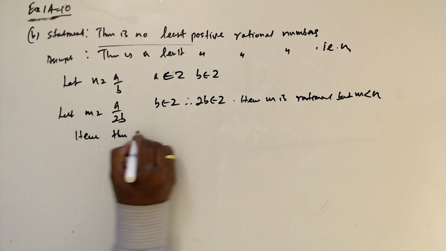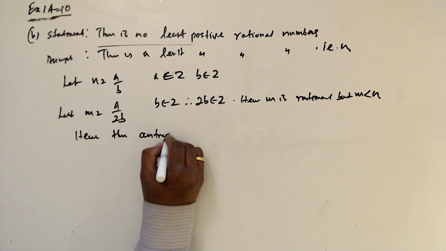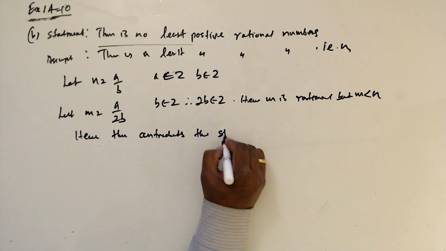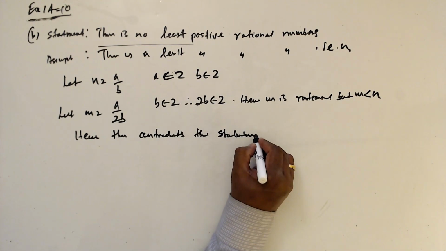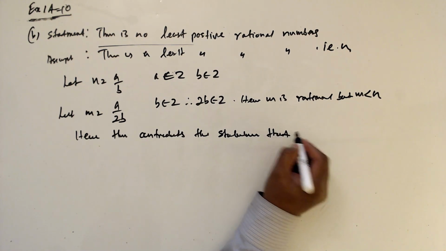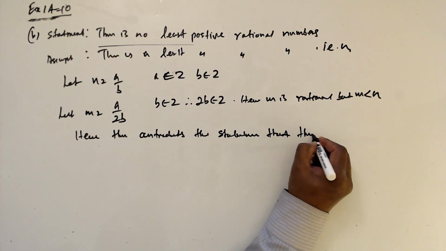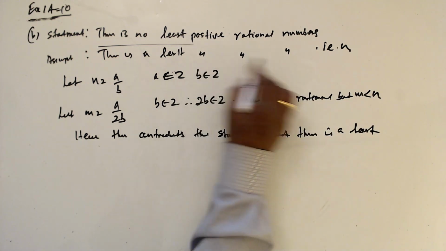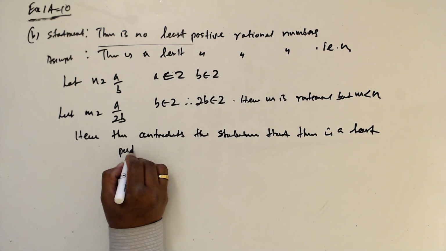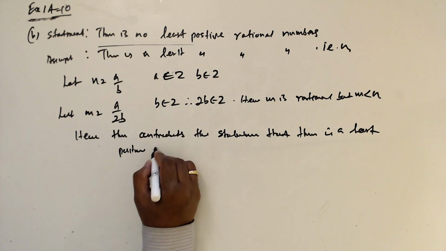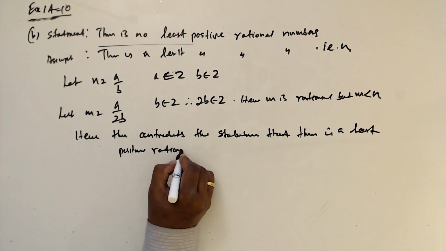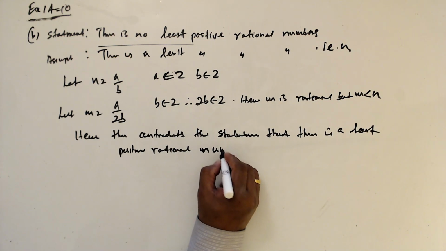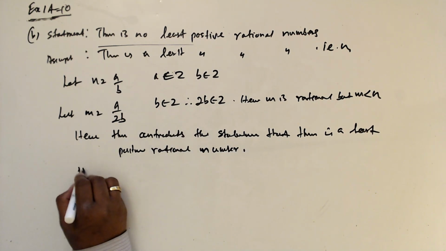Hence this contradicts the statement that there is a least positive rational number.